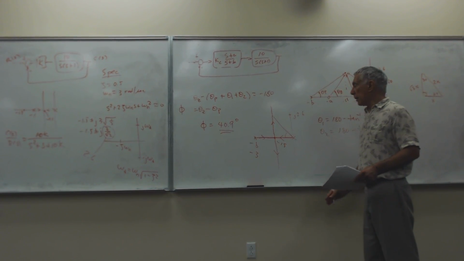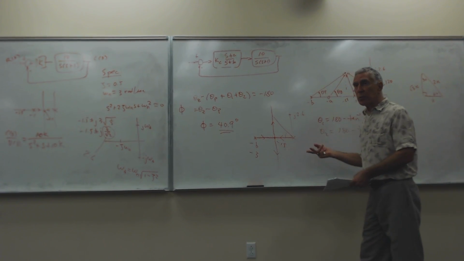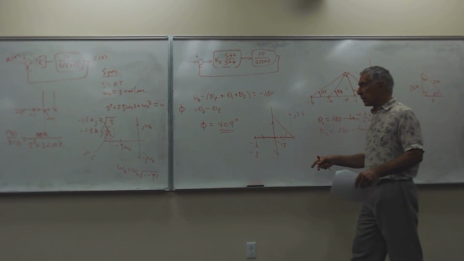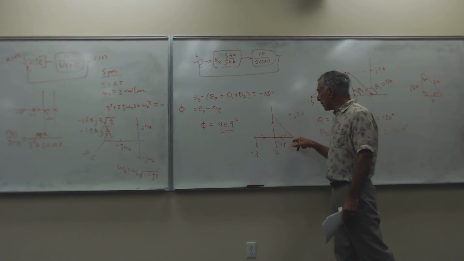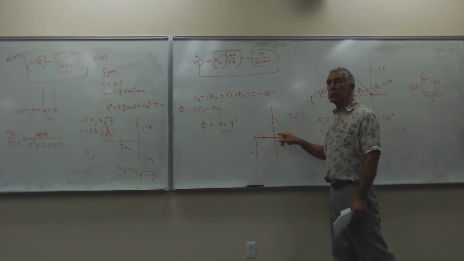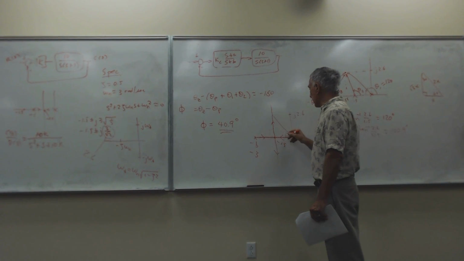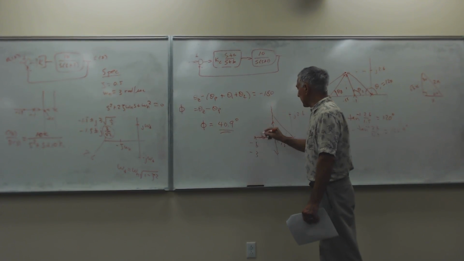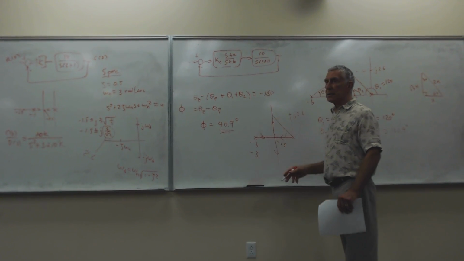And you know what the root locus will look like. It has to cross through the midpoint between these 2 points here. And if this is 60, then that there would have to be 60 as well. So it's 60, 60, 60.